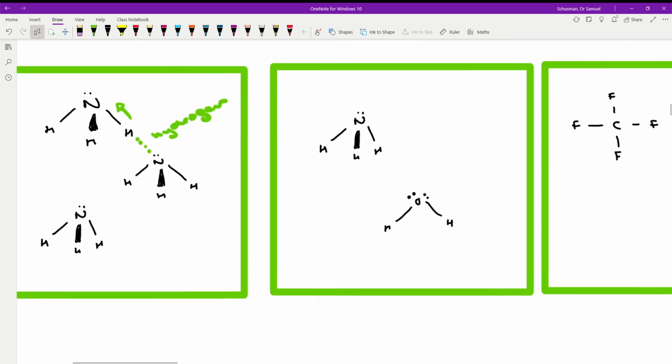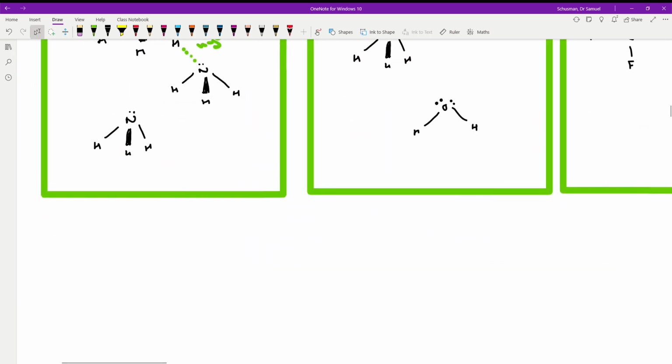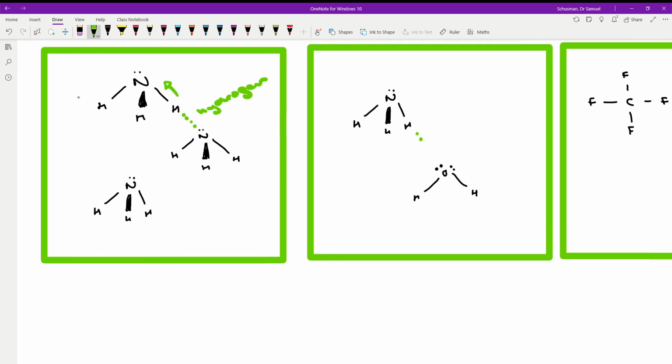It doesn't always have to be the same thing. So here we will have a hydrogen bond forming like so. And that's all you really need to know. If you see a hydrogen that's attached to something that's electronegative, that's good at taking away the electrons, which in biology will be a nitrogen or an oxygen, you'll get hydrogen bond formation.